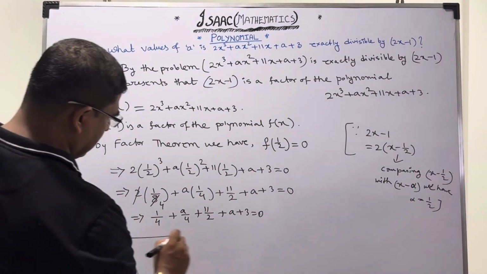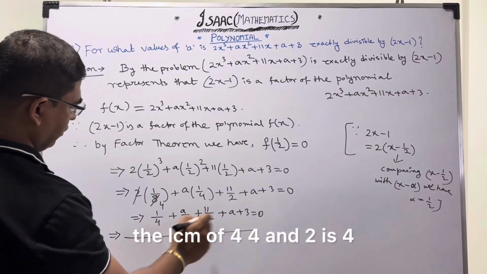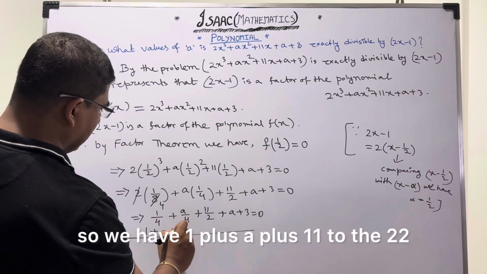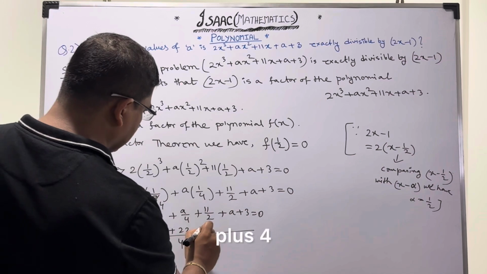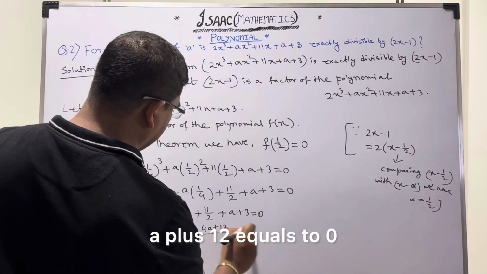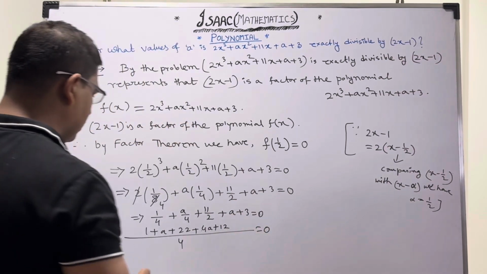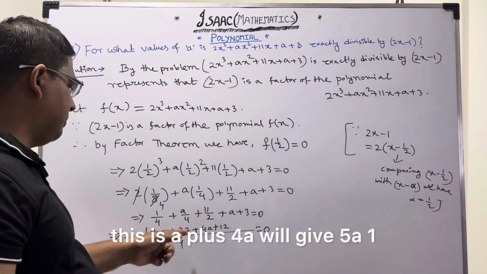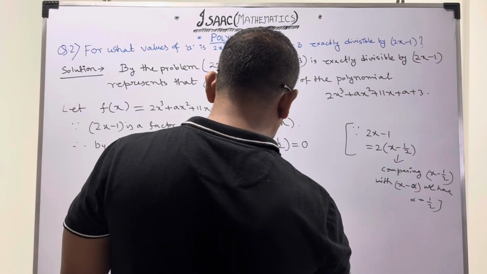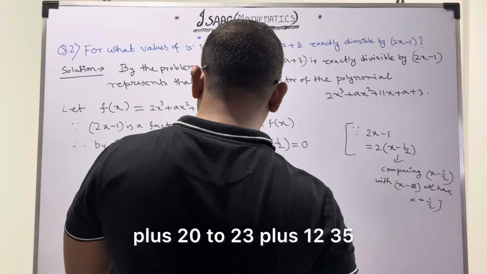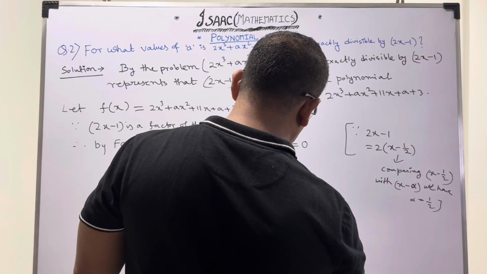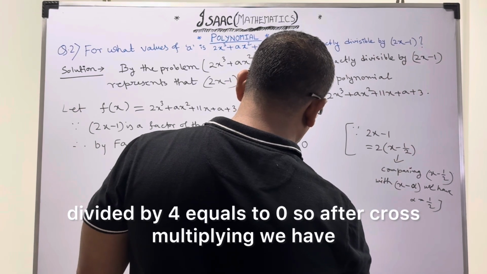Now the LCM of 4, 4 and 2 is 4. So we have 1 plus a plus 22 plus 4a plus 12 equals 0. This is a plus 4a, which will give 5a. 1 plus 22 is 23, plus 12 is 35, whole divided by 4 equals 0.